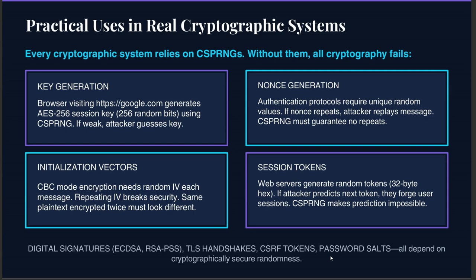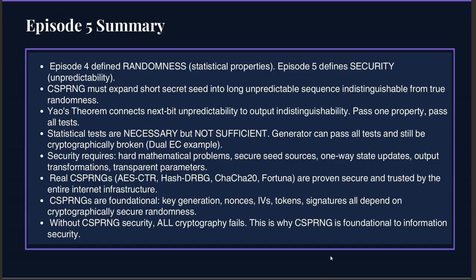So, after studying the theory, the real systems, and real-world failures, let us summarize the most important lesson of this episode. In this episode, we moved from statistical randomness to true cryptographic security. We learned that passing statistical tests does not guarantee unpredictability. A generator may look random, pass NIST tests, satisfy statistical properties, yet still be mathematically predictable.